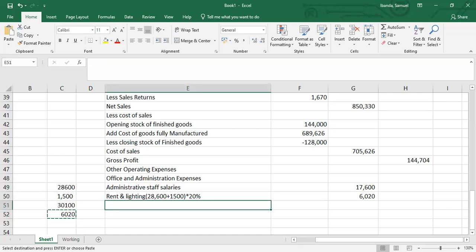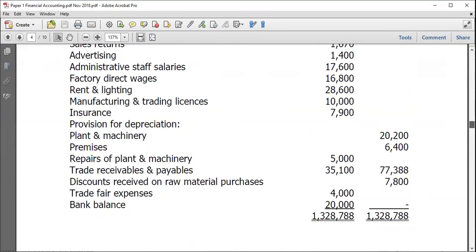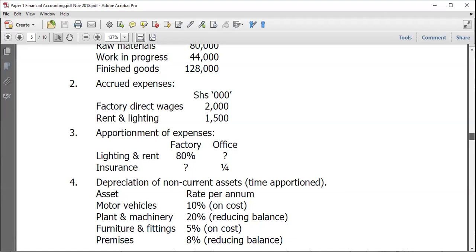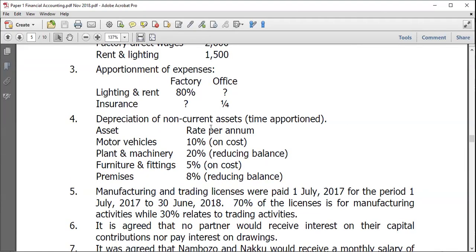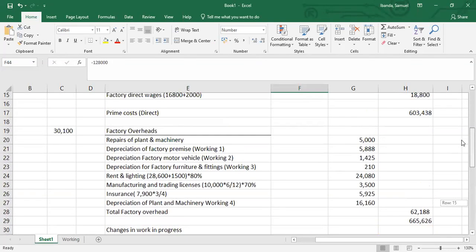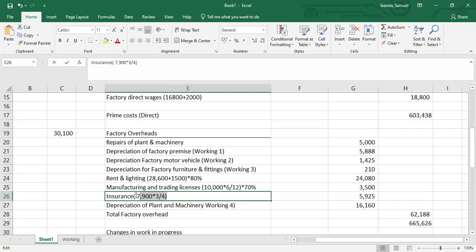So the next thing I'll do is look at this one, manufacturing and trade. This one, the balance, I'll put under selling and administration. Insurance, did it have a distribution? Yes, 1/4 is for office. So insurance is one of the costs. I'll come to insurance and see what I did on it.